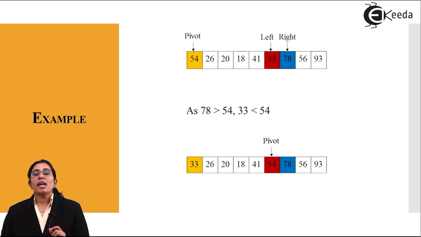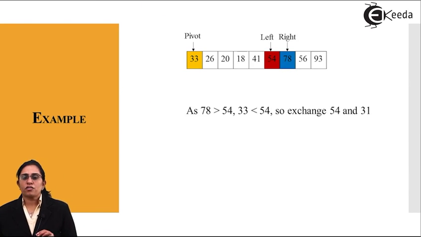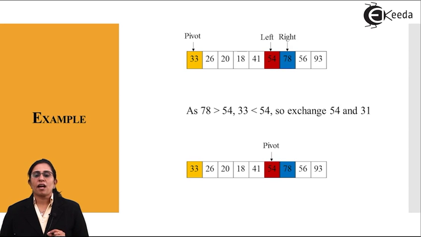So we exchange the value of left with the pivot. 54 moves to the location of 33 and 33 moves to the location of 54. When we exchange these values, the pivot gets placed at its final position.